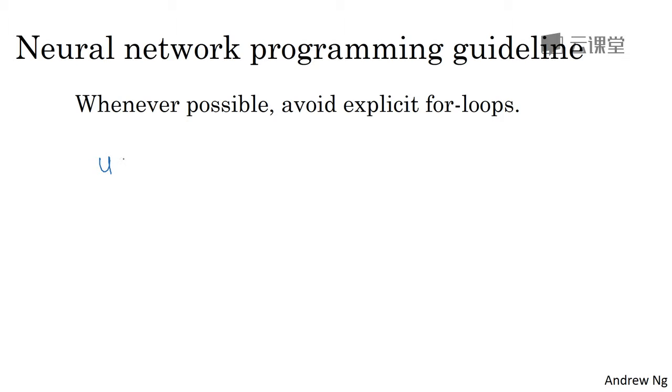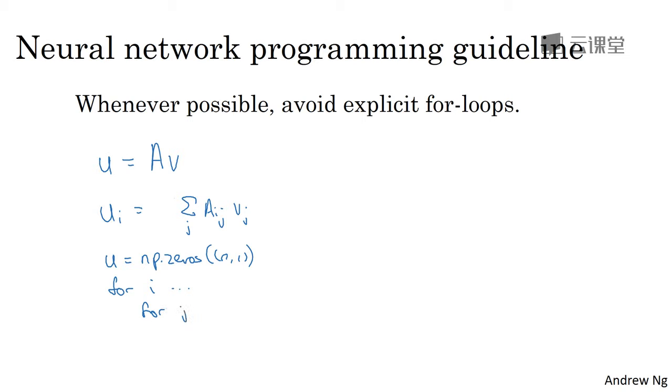If you want to compute a vector u as the product of a matrix A and another vector v, then the definition of a matrix multiply is that ui is equal to the sum over j of aij times vj. That's how you define ui. The non-vectorized implementation would be to set u equals np.zeros, maybe n by 1, and then for i, and for j, ui plus equals aij times vj.